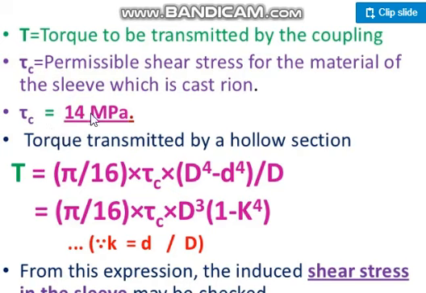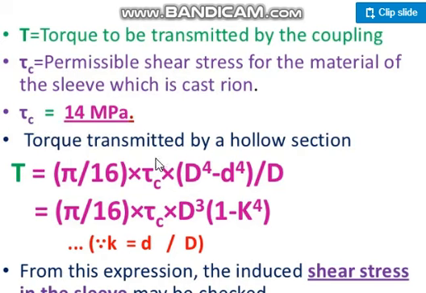Cast iron is very poor in tension and in shear. See how little this is: tau C is 14 MPa. You should understand that cast iron is very weak in tension as well as shear. It has only 14 newton per millimeter square as the shear strength.